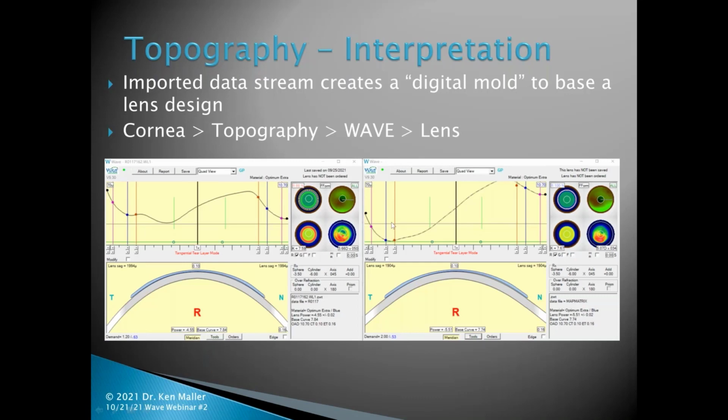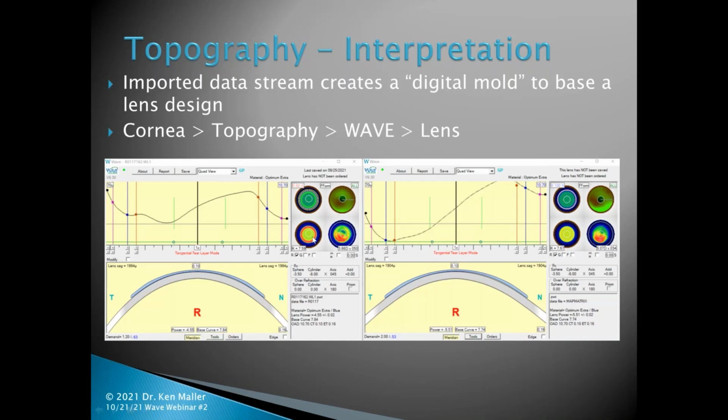And the reason for that is it's not that the black line is so different, it's that the reference for the green line is actually in different locations in space. And so the difference between the green line and the black line, how much space is in between these two, is going to be represented differently. We can also see the back curvature of the default lens, which is this lower left image over here.